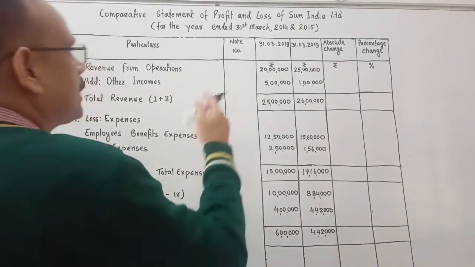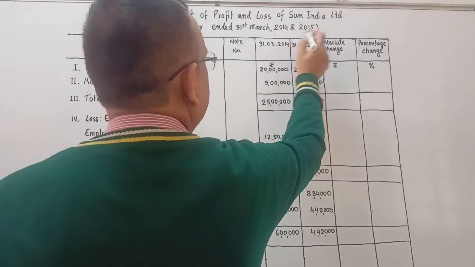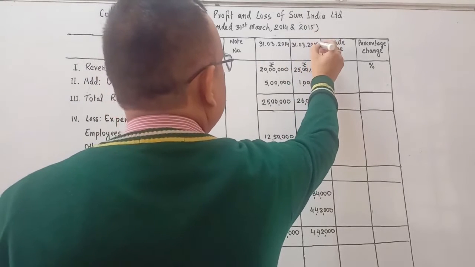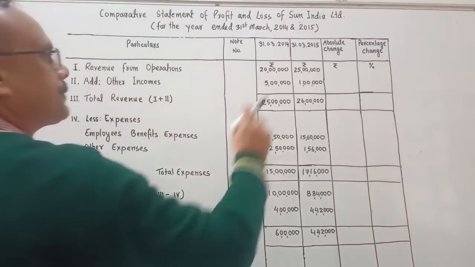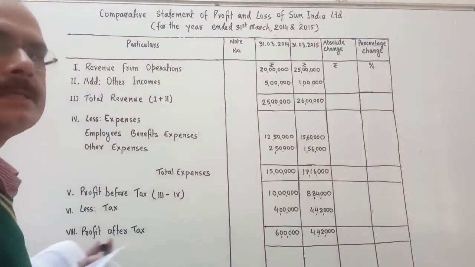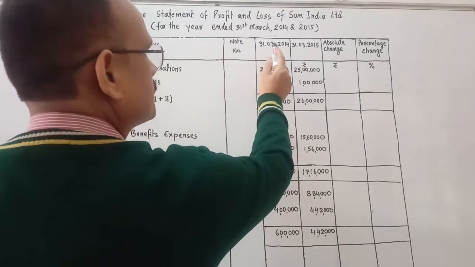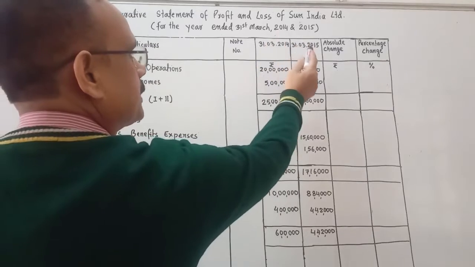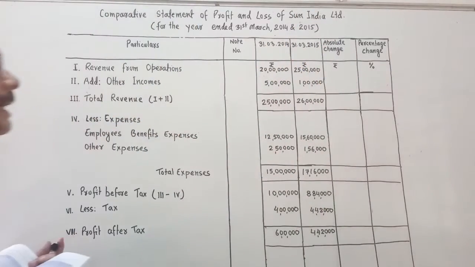First date will be 31st March 2014, and second date will be 31st March 2015. Then absolute change and percentage change in percent.